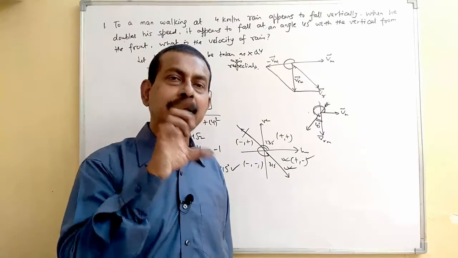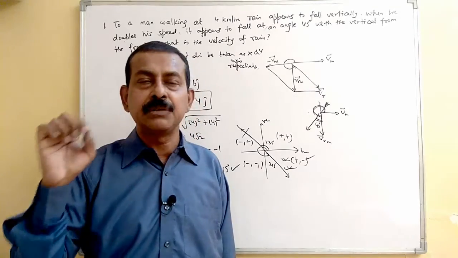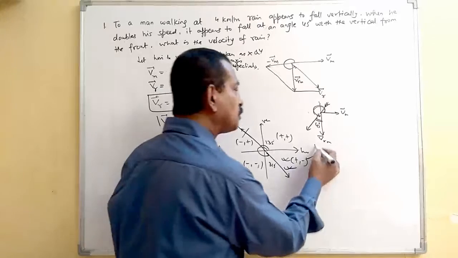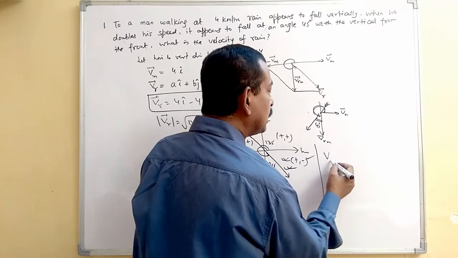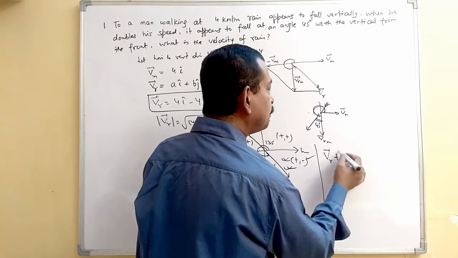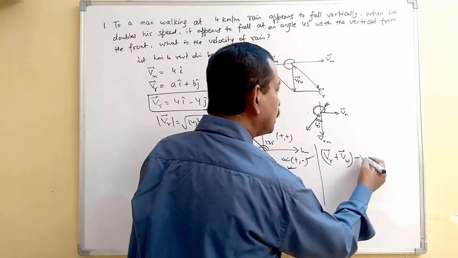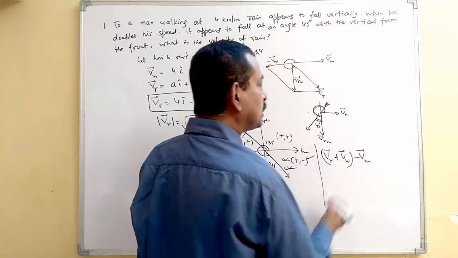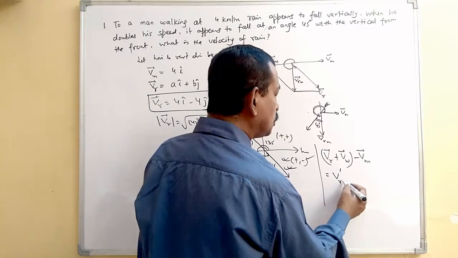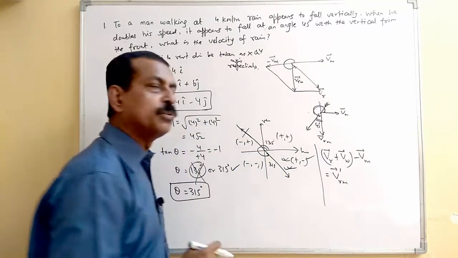And then that resultant velocity of rain, you will take for the relative velocity for man. So basically, it is velocity of rain plus velocity of wind as the resultant one, and then the velocity of man is subtracted. This will give you the new relative velocity of rain with respect to man, especially in presence of wind.